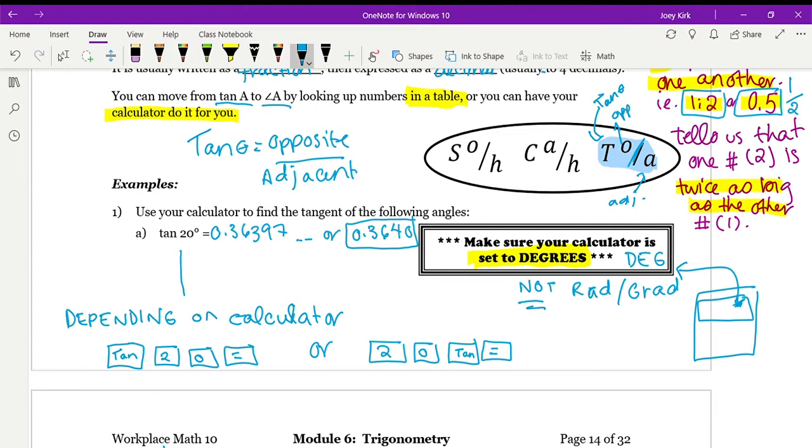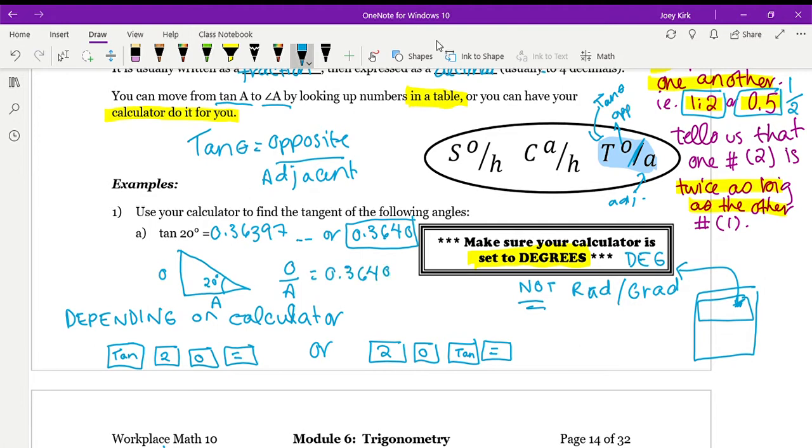So let me show you what I mean. This was 20 degrees, and this is the opposite side, and this is our adjacent side, okay? So opposite over adjacent, the ratio between the two would be 0.3640.